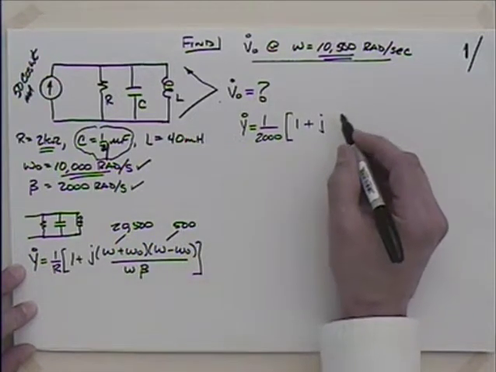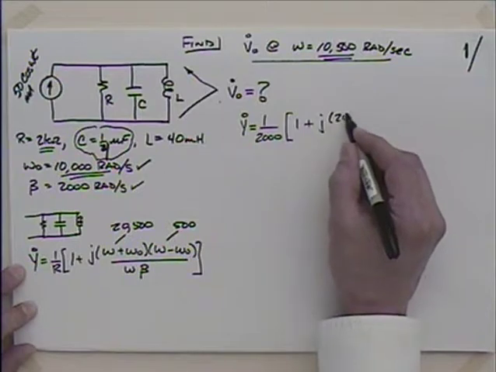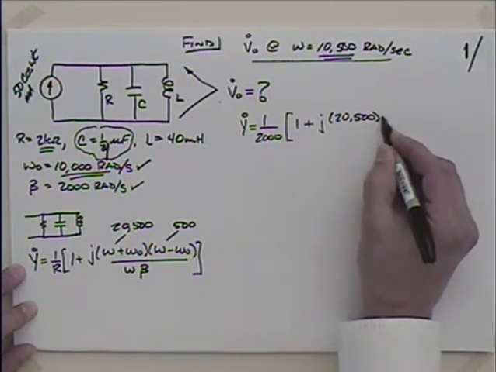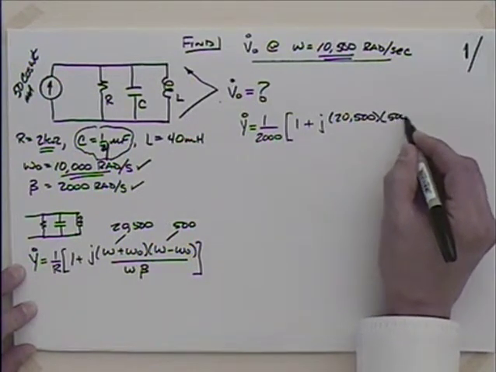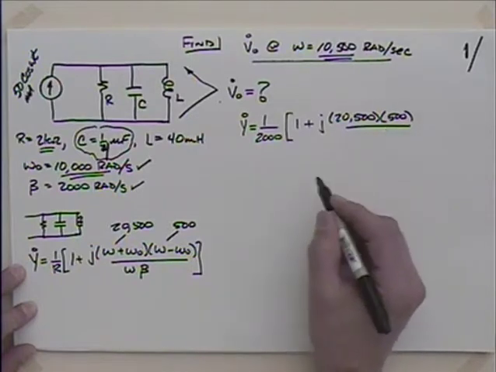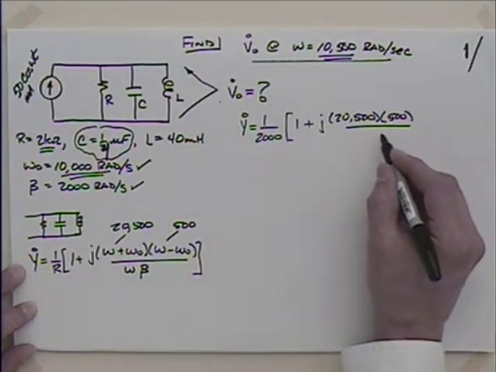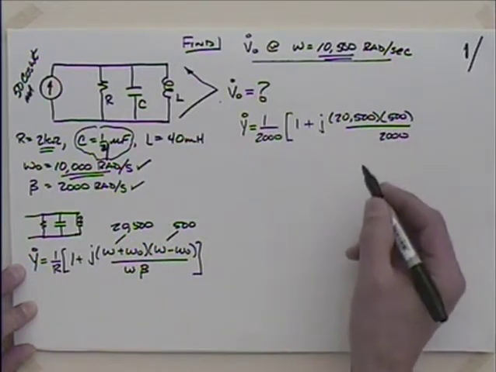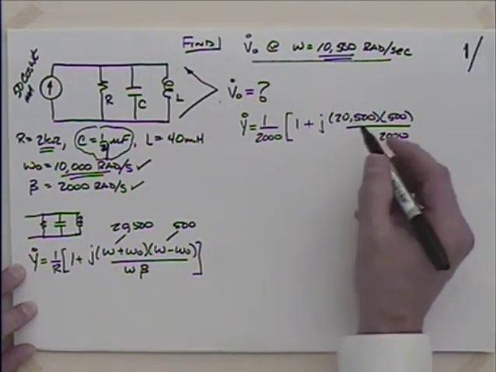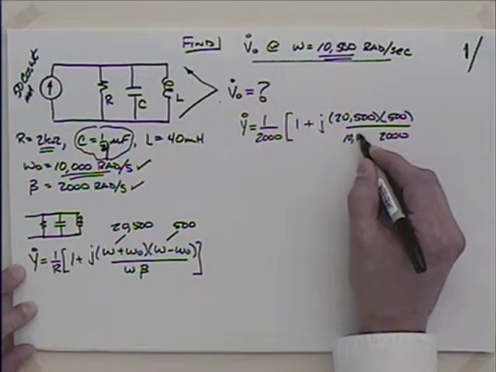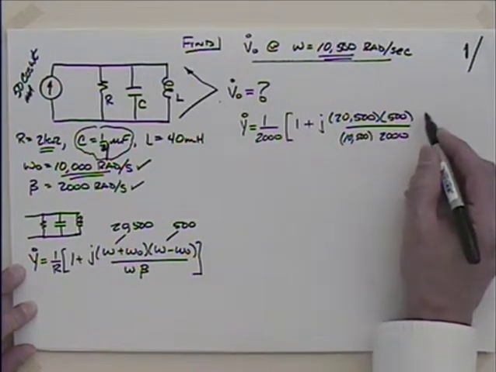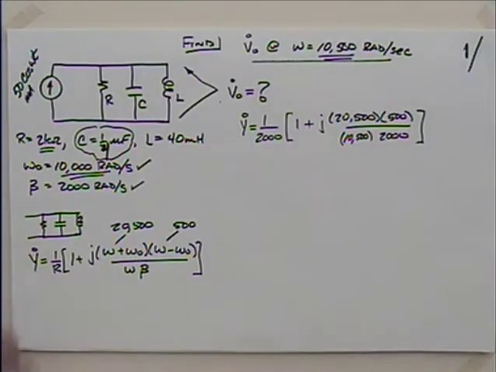So I'll have 20,500 times 500 divided by the bandwidth. What do we have for the bandwidth? 2,000. And omega was 10,500. Okay, so that's our calculation.